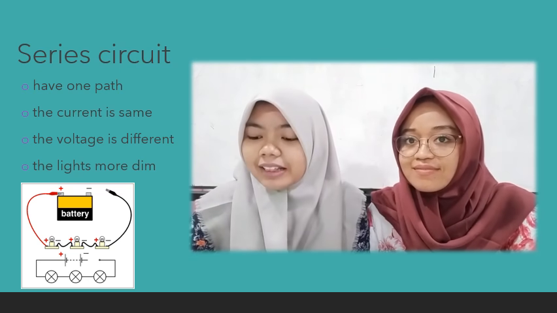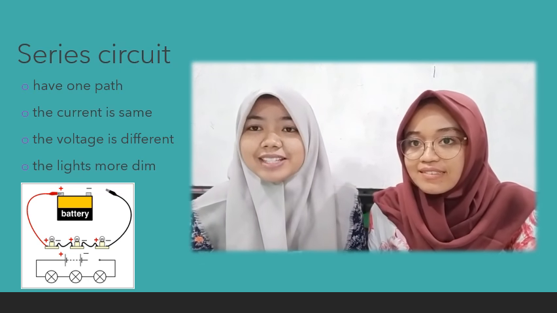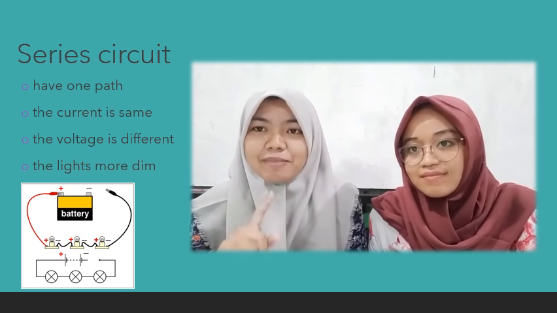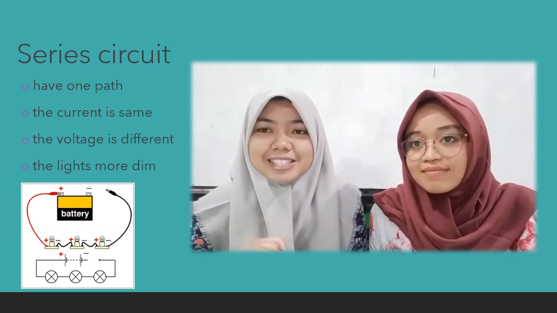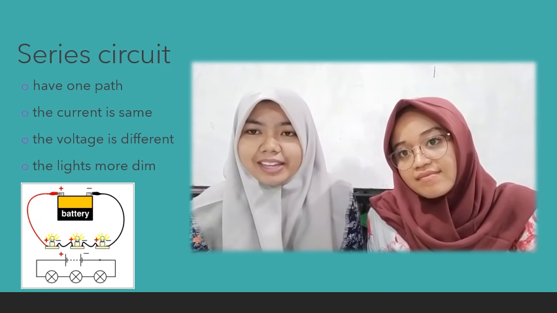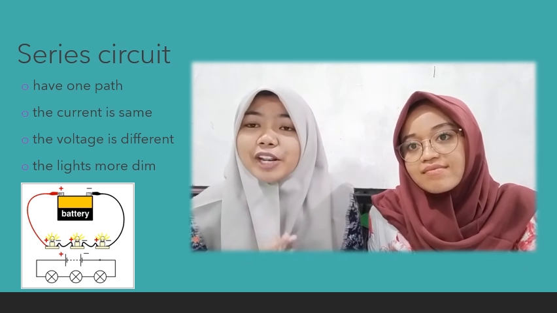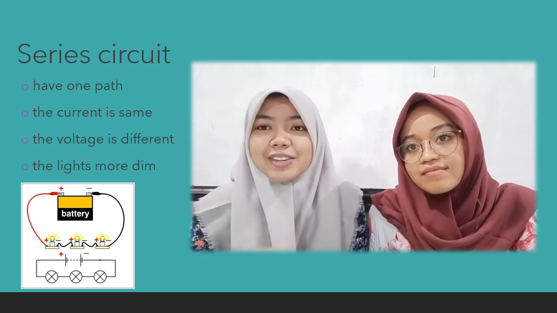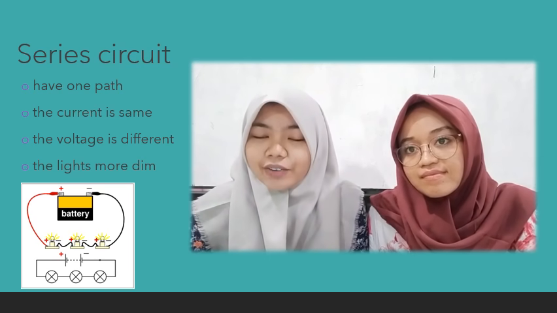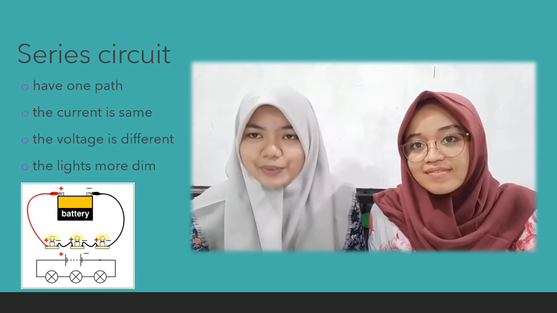If we add another lamp to the series circuit, remember, the lamp is included as a resistor. So when we add another lamp, the resistance value increases, so the electrical current value will decrease.